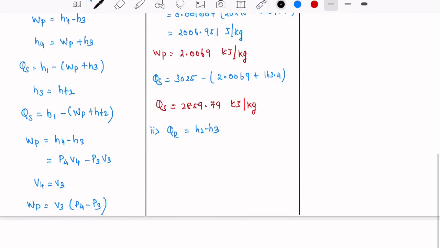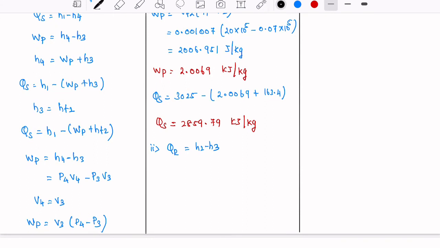Therefore, H3 minus H2 is rewritten as H2 minus H3. We know that the value of H3 is equal to HF2. Therefore, you can write H2 minus HF2.